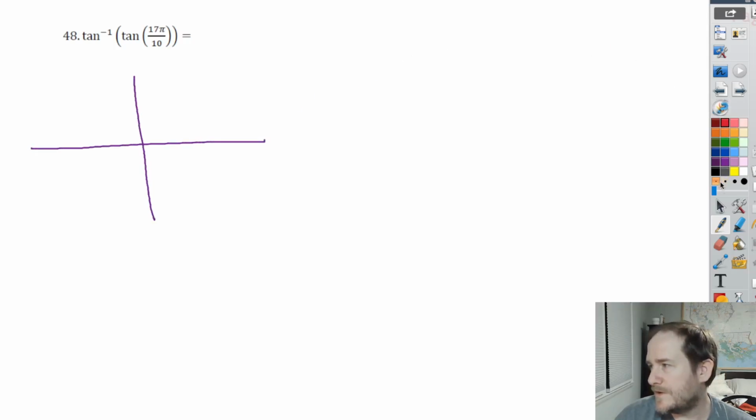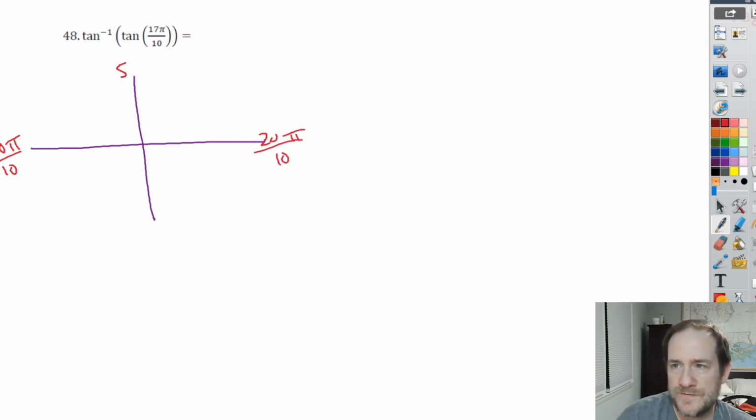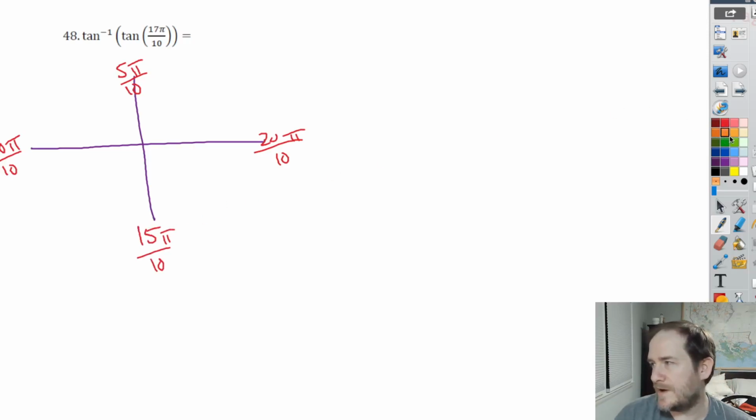I do know what 17 pi over 10 is on the unit circle, because pi is 10 pi over 10, and 2 pi is 20 pi over 10, and this would be 5 pi over 10, which means if I add another 5 pi over 10 to the 10 pi over 10, this is 15 pi over 10. So guess where 17 pi over 10 is?